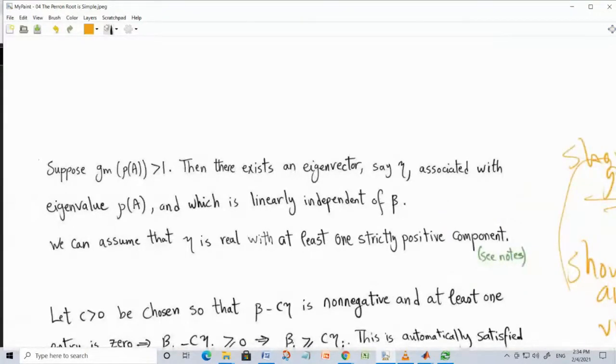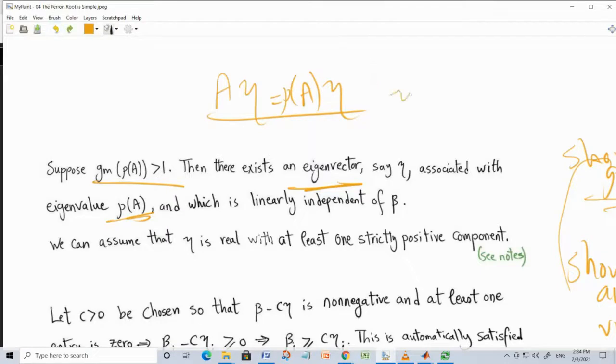You say, okay, let's suppose that the geometric multiplicity is greater than 1. So what does it mean that the geometric multiplicity is greater than 1? It means that there is another eigenvector that is associated with rho of A, and that is linearly independent of beta. So there is something, A eta is equal to rho of A eta, and eta and beta are linearly independent.